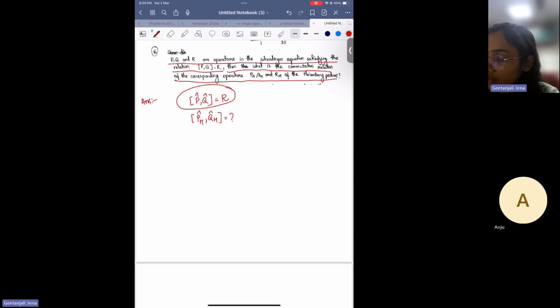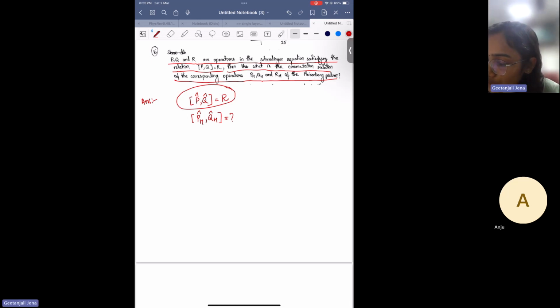Now it is asking what will be the commutation relation in the Heisenberg picture. So you know that in the Schrodinger picture, the state evolves. The operator remains constant, but the state evolves. But in the Heisenberg picture, the operator evolves in time and the state remains the same.